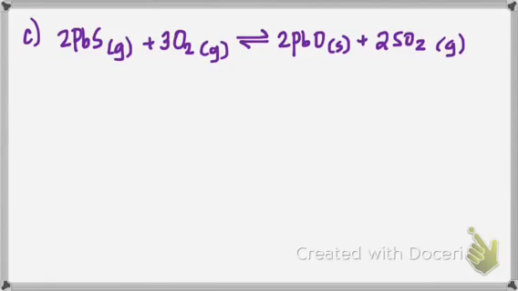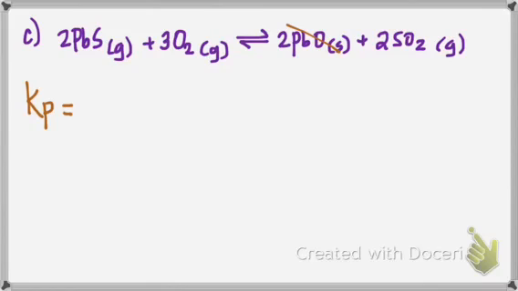In this next example, we've got a little bit more going on. I have 3 gases and one solid, so I'm going to ignore that one solid. As a reminder, I'm looking for Kp, so I'm going to write an equilibrium expression for the pressure.